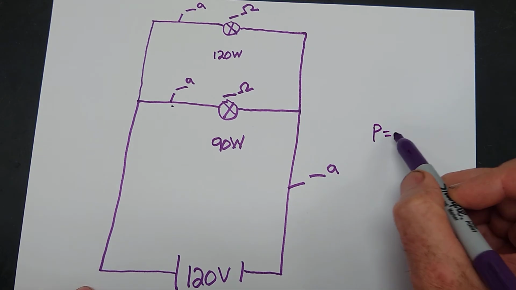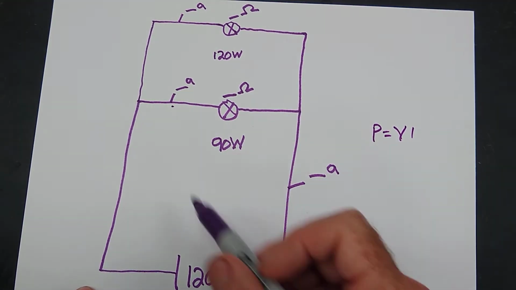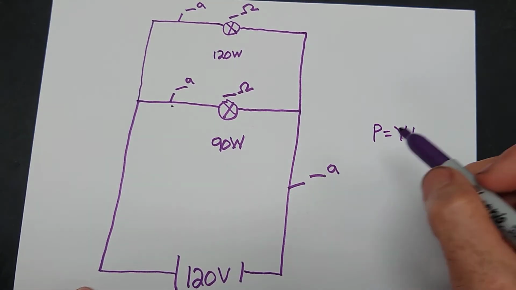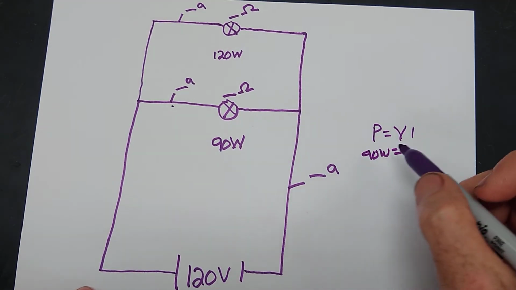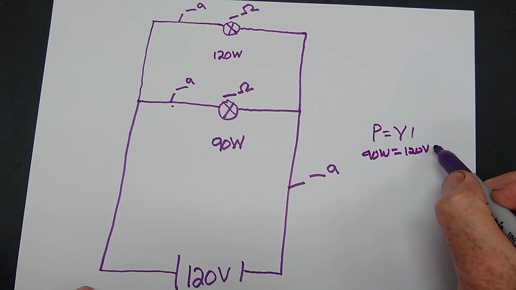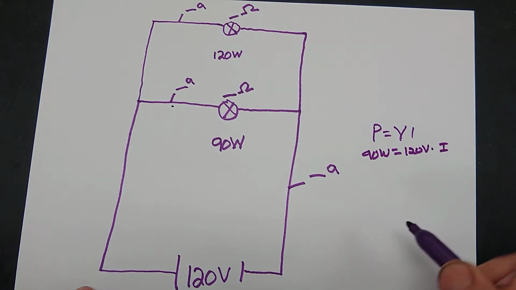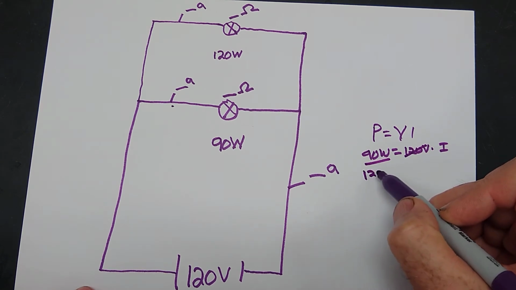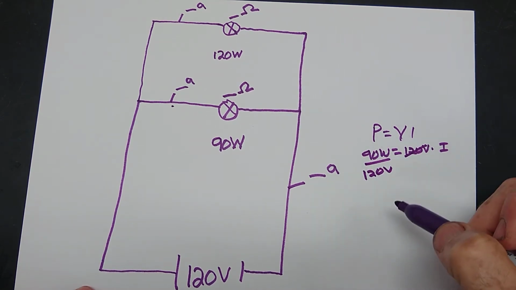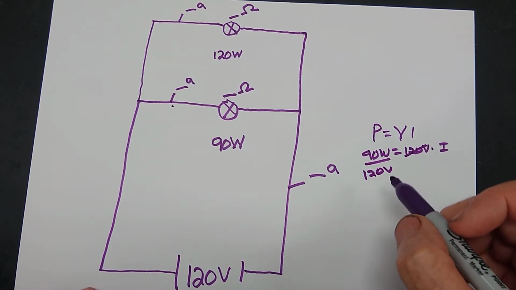You would simply say P is equal to VI. We have a 90-watt bulb, and there's 120 volts across there. So let's solve and see what that I is. We end up with 90 over 120. So 9 out of 12 is 3 out of 4.